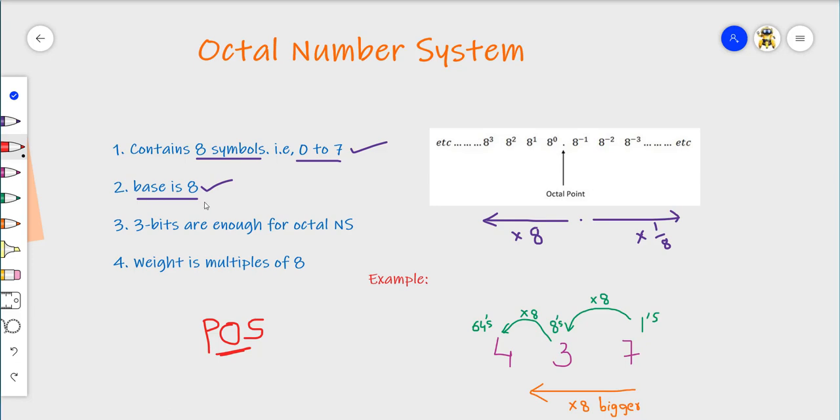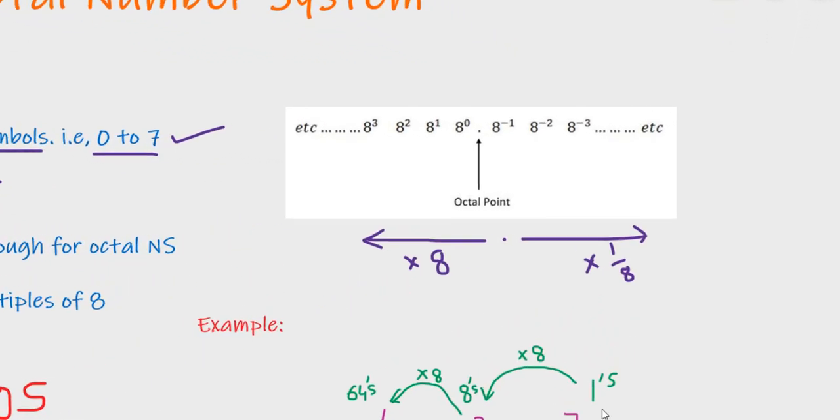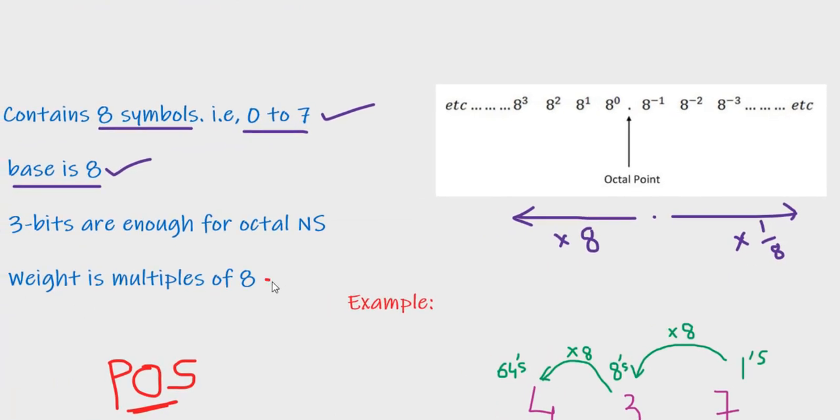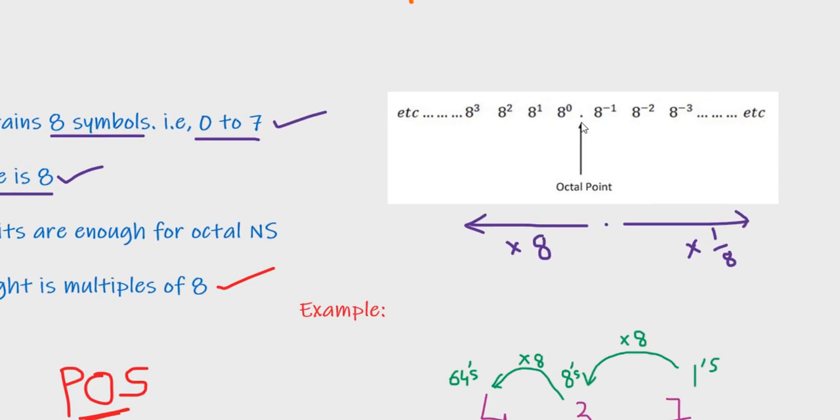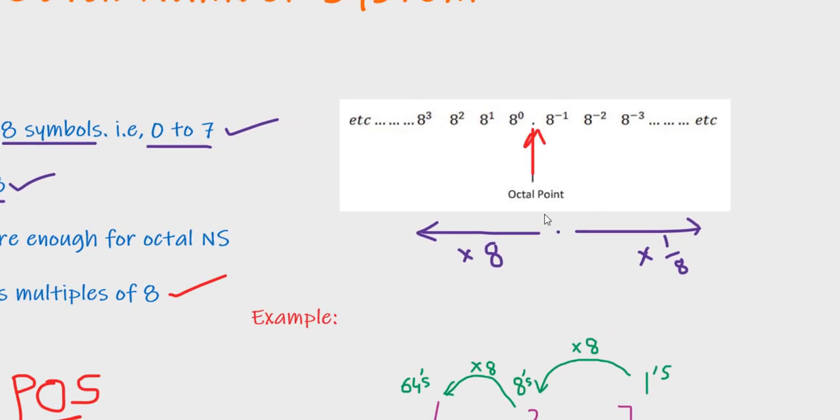The position of every digit in that particular octal number will have a weight which will be the powers of 8. If you see here, from the octal point, if you go to the left, what happens? Everything is a multiple of 8. Yes or no? First it is 8 power 0, which is 1's place. Next 8's place.